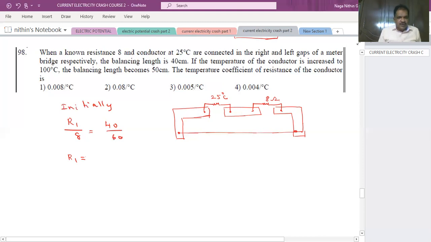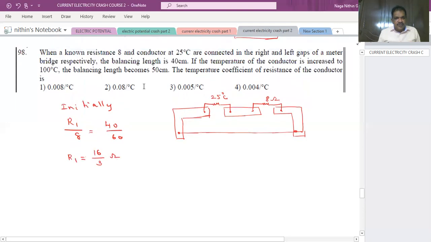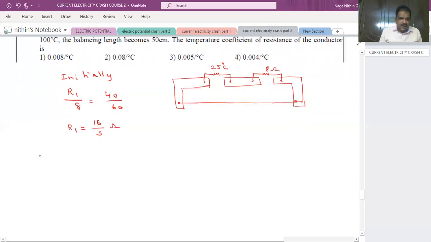This is 2 by 3, na? So 16 by 3 ohms. Later it is heated. Then balancing length changed to 50. Then at that time resistance I am assuming it as R2. R2 by 8 is equal to 50 by 50.